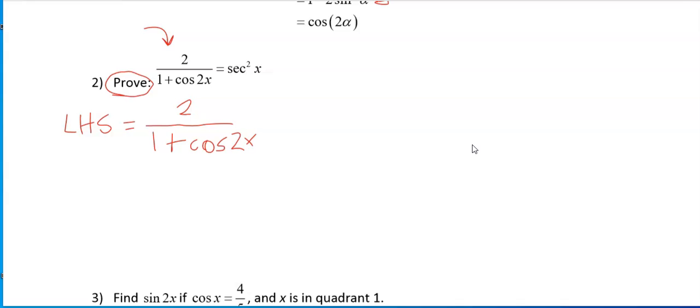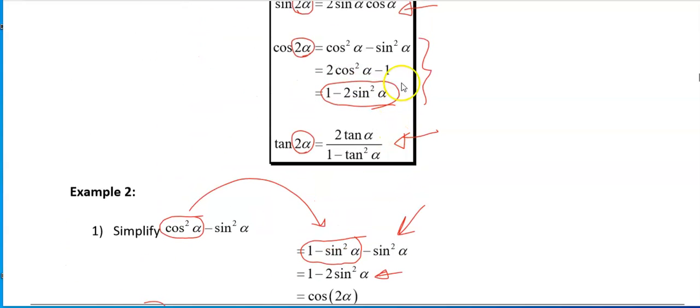Now notice this thing right there. The cosine of 2x. That is double an angle. The angle in this case is x, but it's the double angle formula, isn't it? So you're going to have to use one of these 3 versions right here, one of these 3, to try to prove this.